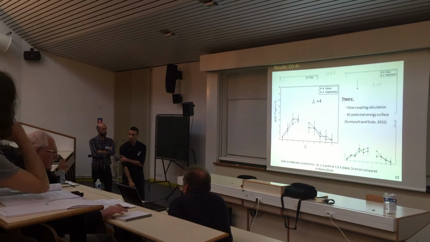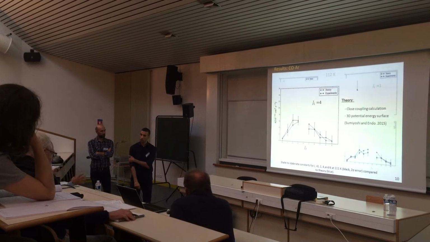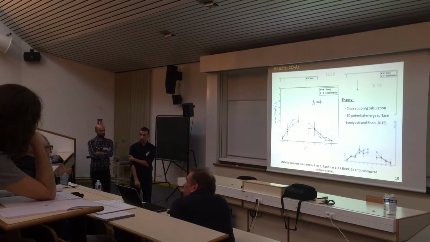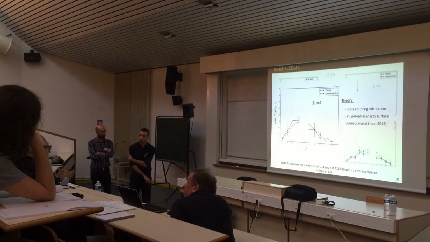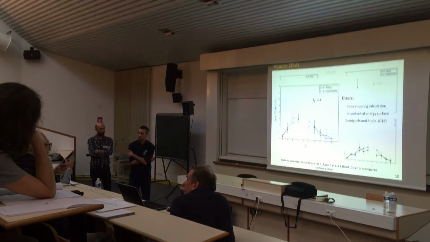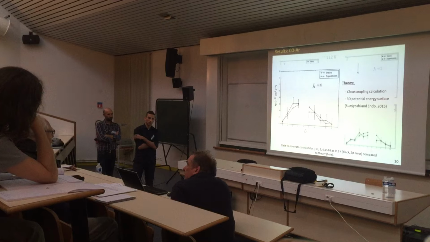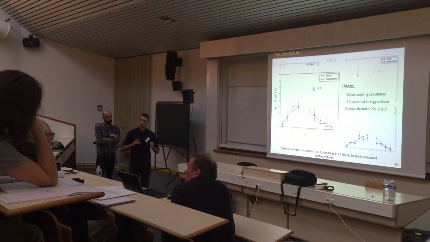How pure is your flow? You create CO in J equal 4, but do you have J equal 3, J equal 5 also, or just J equal 4? Initially I have just the initial state.